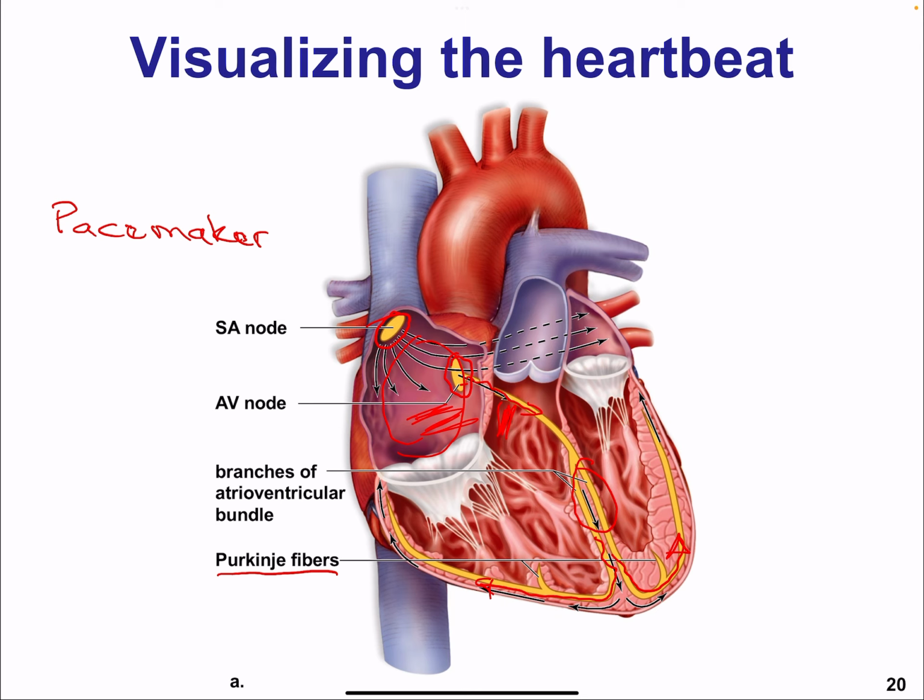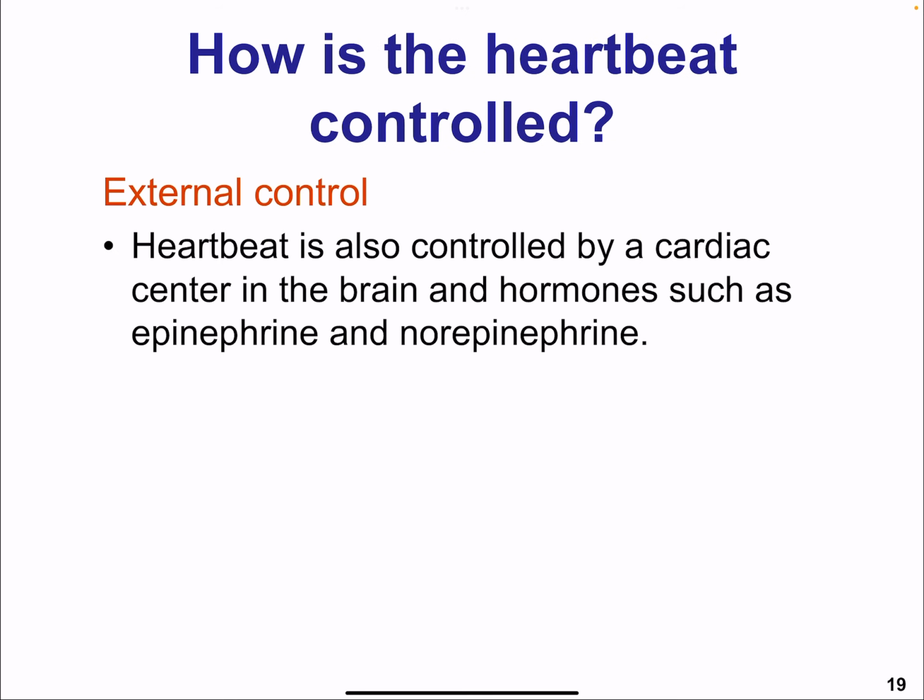This is true for the heart, whether we are talking about the atria contracting as a unit or the ventricles contracting as a unit, right? We have this highway of nervous tissue that allows the information to circulate really fast.